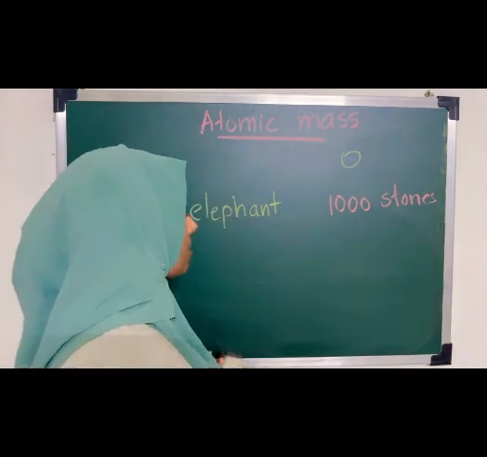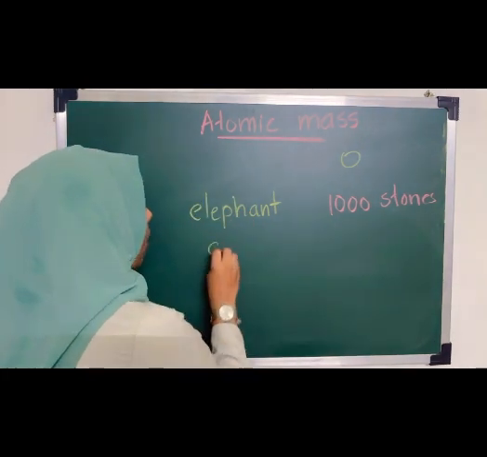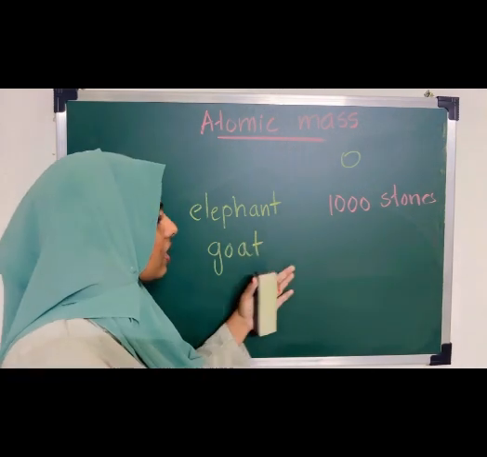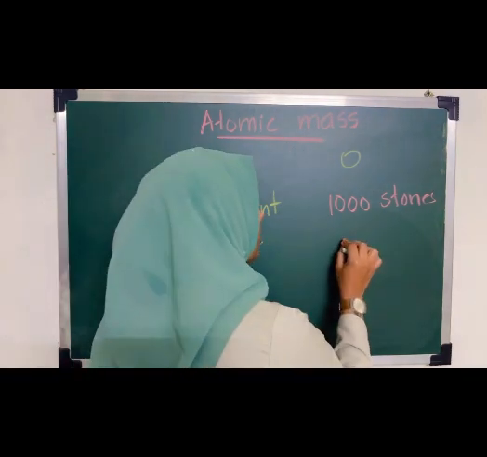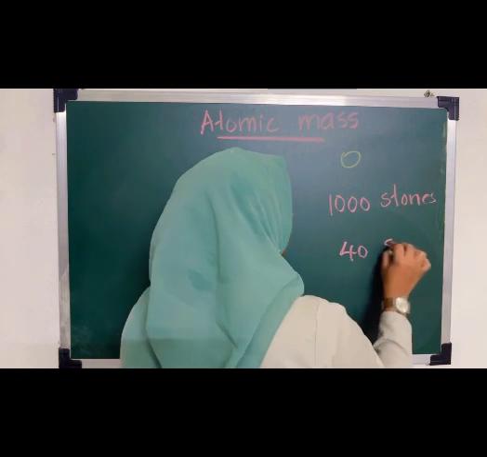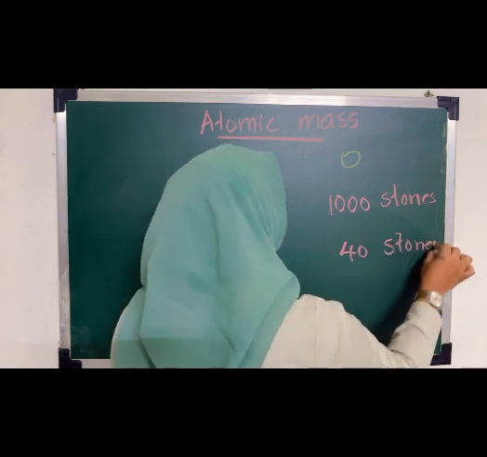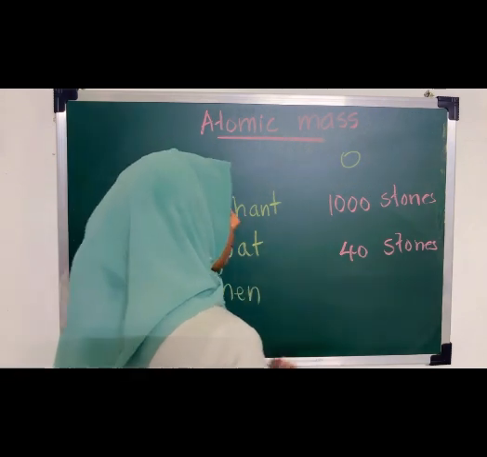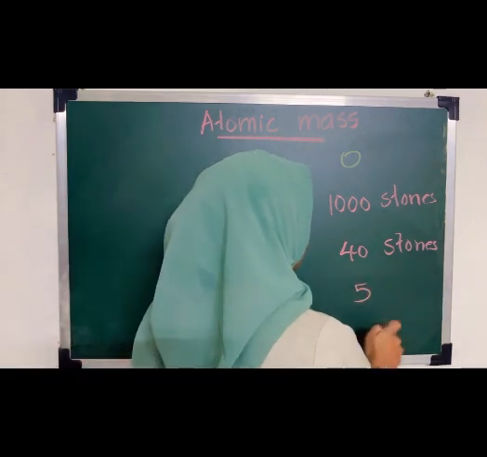Now it's balanced. Then I place the goat in a balancing machine and I kept 40 stones. And I placed the hen over there and I placed around 5 stones.